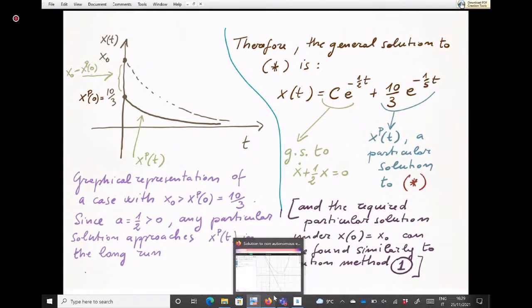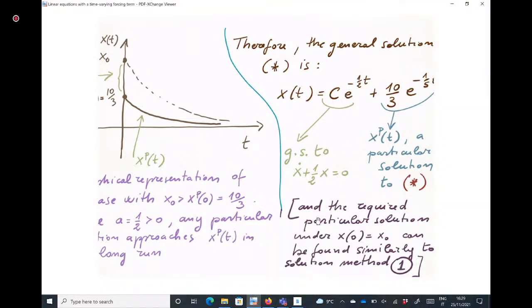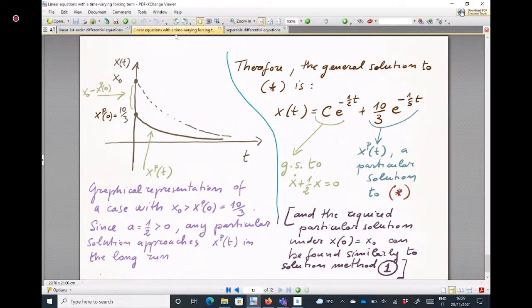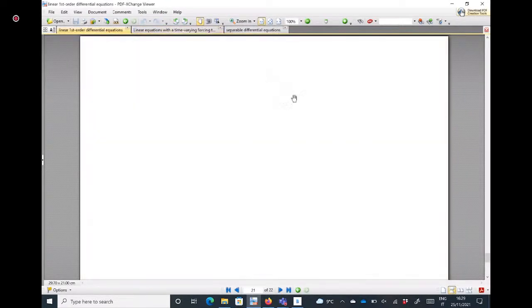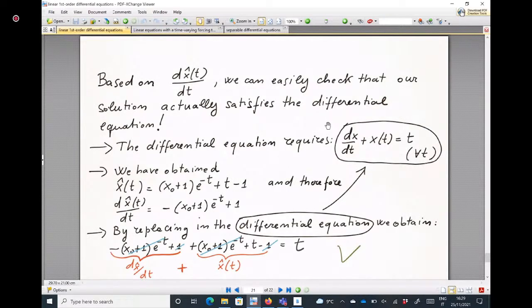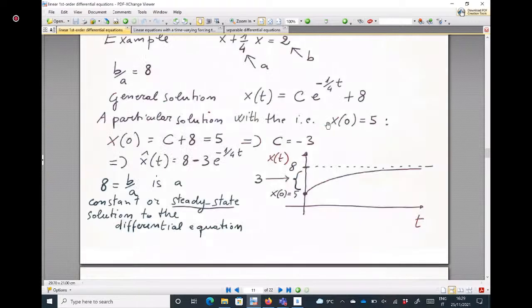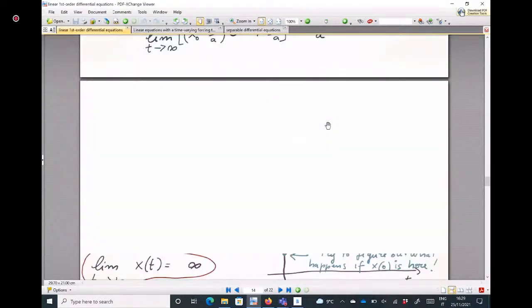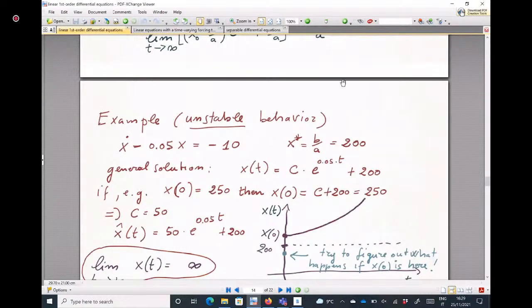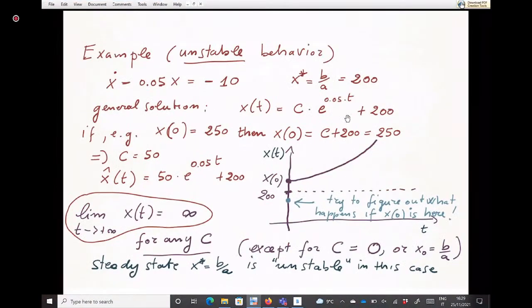Now, let me go back to a few more examples. Here is an example. These are easier, again with constant coefficient b.